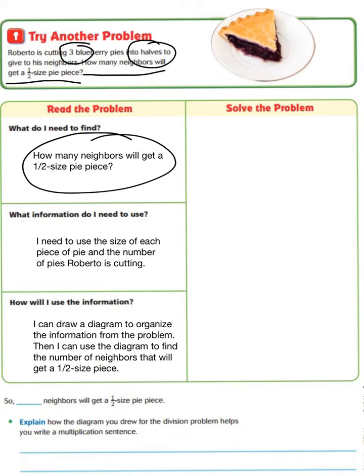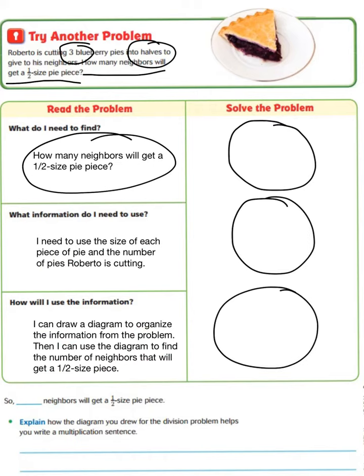Since Roberto is cutting 3 pies, my diagram needs to show 3 circles to represent the pies. And there's my 3 circles to represent the pies. I can divide each of the 3 circles into halves. Now to find the total number of halves in the three circles, I can multiply the number of halves in each circle by the number of circles.